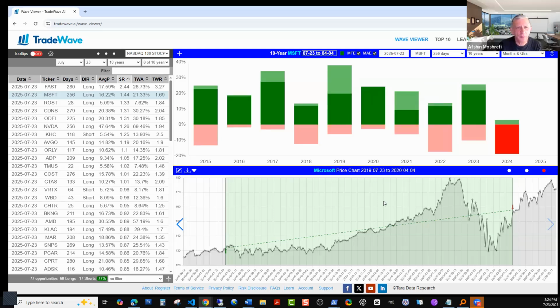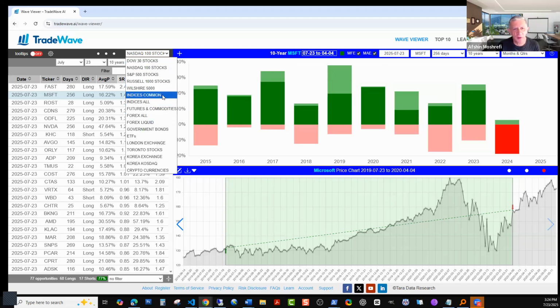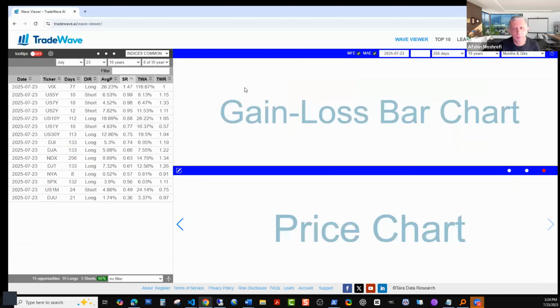But now, I mentioned that I am going to talk about the presidential election cycle, which is the most unique thing this platform does. I am going to select one of these indices. I'm picking indices common. And then I'm going to go up here and type SPX.